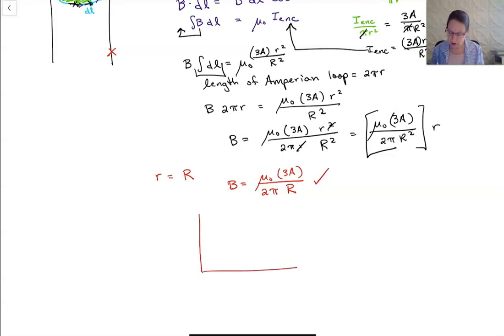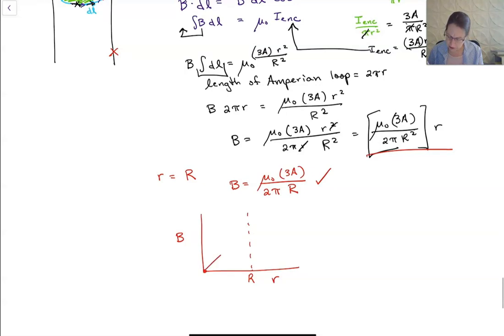That's a nice thing. So in general, the magnetic field as a function of little r, distance from the center, according to this expression, when we have a little r of 0, we've got 0 magnetic field. That makes sense. No currents inside. And then it goes linearly, that's this expression, up to when little r equals big R. And then afterwards, outside, for a long straight wire, we have B is equal to mu naught, the total current, over 2 pi, the radius.